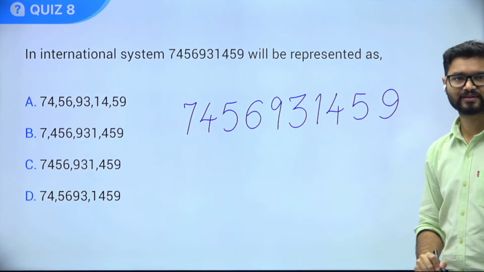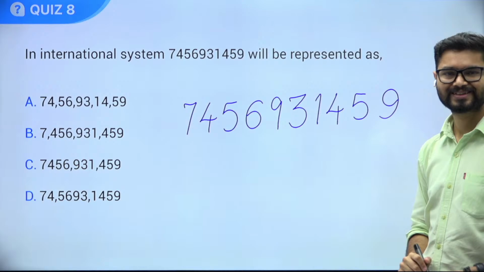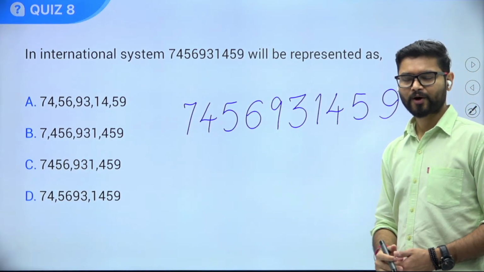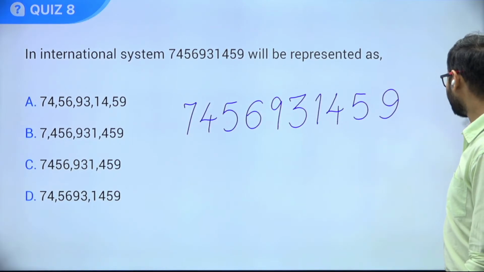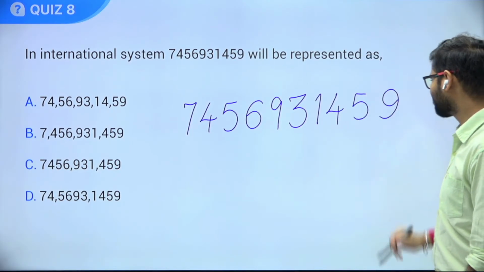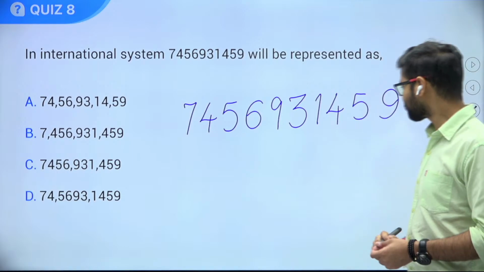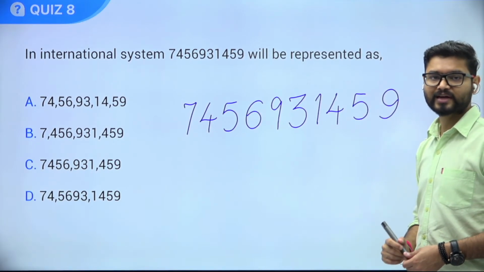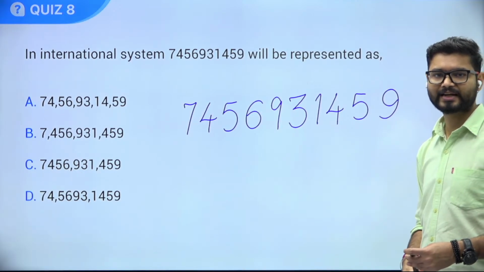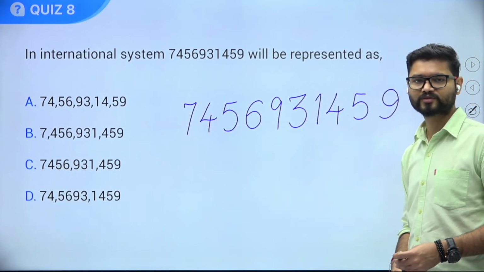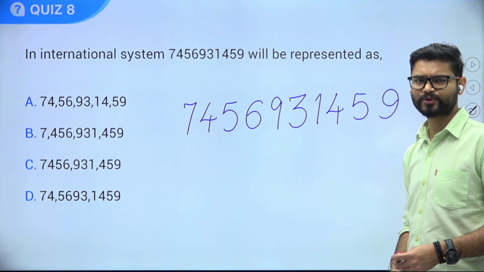A big number, you think? But no issue. All we have to do is simply put some commas over here. We have to put commas over here. How can we do it? You know already.